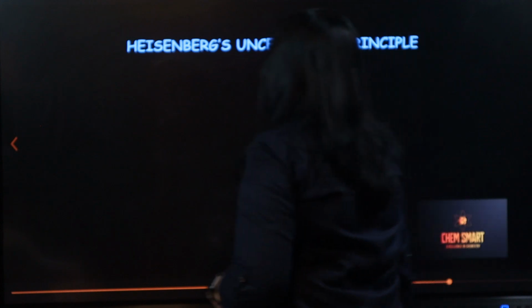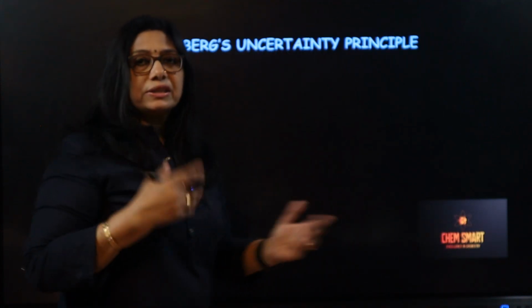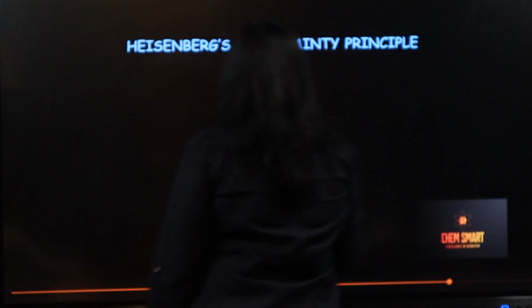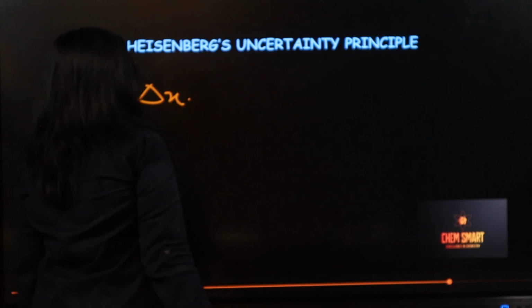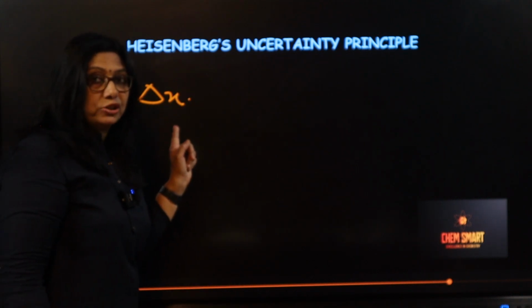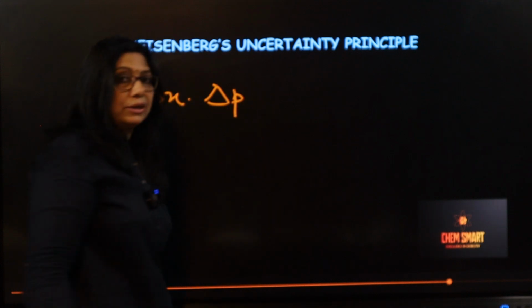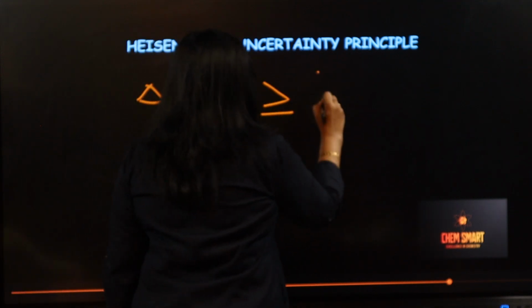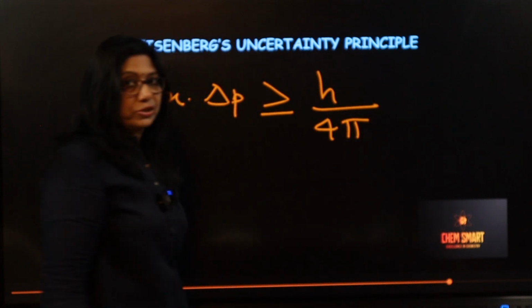Then, next one is Heisenberg's uncertainty principle. What is the formula for Heisenberg uncertainty principle? It is delta x into delta p, where delta x is the uncertainty in position and delta p is the uncertainty in momentum, is greater than or equal to h by 4 pi, where h is the Planck's constant.